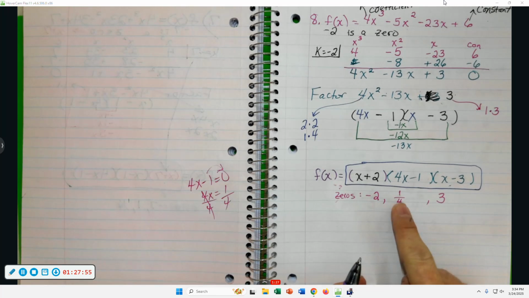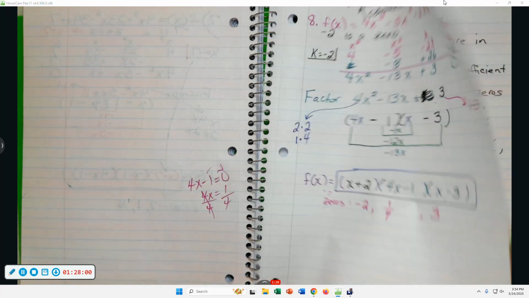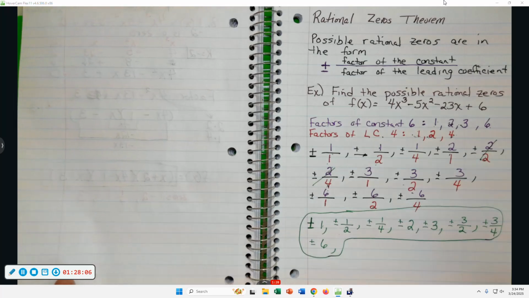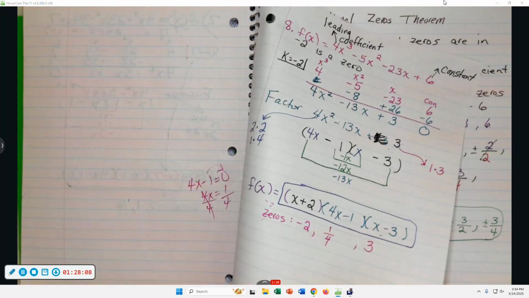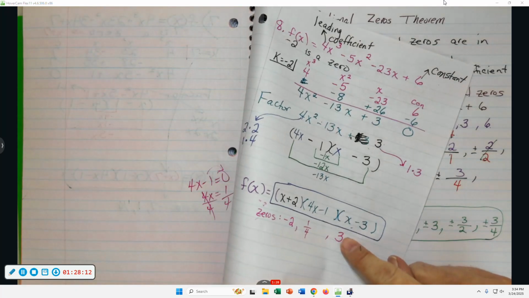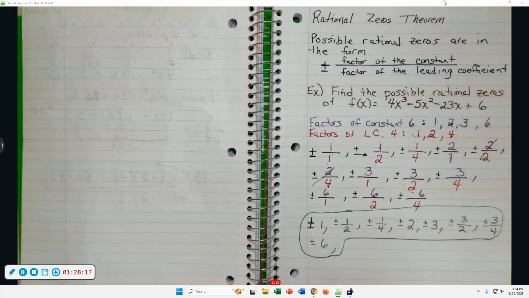These 3 numbers had better be listed over here. Are they? -2, yeah. Positive 1/4, is positive 1/4 listed? Yeah. And what's the last number? Positive 3, it's the last 0. Is it listed? Yeah. So what does this do? It gives us the possible numbers.